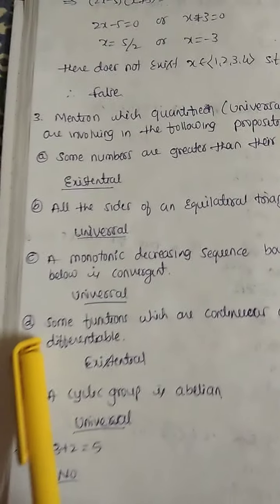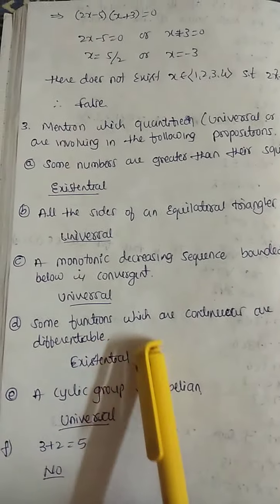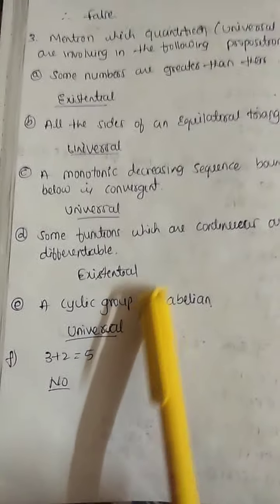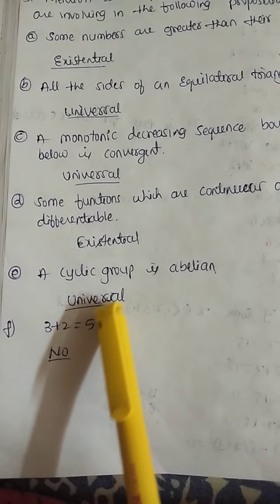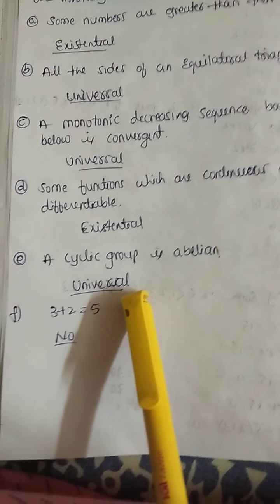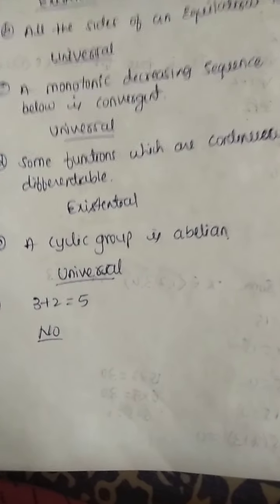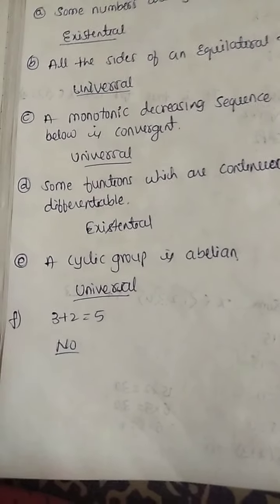Next: some functions which are continuous are not differentiable. Here 'some' is the quantifier, that is, the existential quantifier. A cyclic group is abelian: universal quantifier. 3 plus 2 equals 5 has no quantifier.